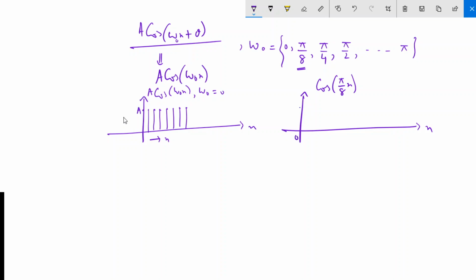at 0, you are getting 1 because cos 0 is 1. Then at n equal to 1, you will get cos of pi by 8. Then cos 2 pi by 8, that is cos of pi by 4, and so on. When n becomes 4, you will get cos of pi by 2, which is 0. So 0, 1, 2, 3, and 4. It means at n equal to 4, you are getting a zero crossing point. Then as you increase n, you are getting negative values.